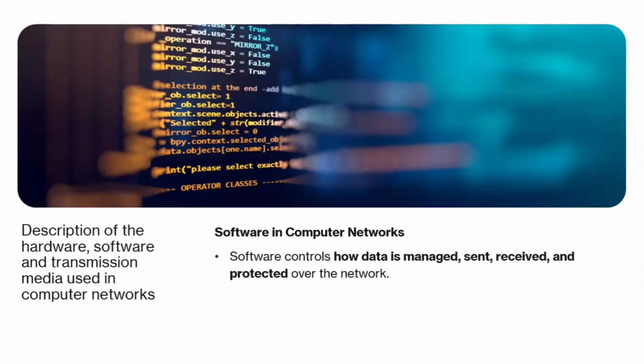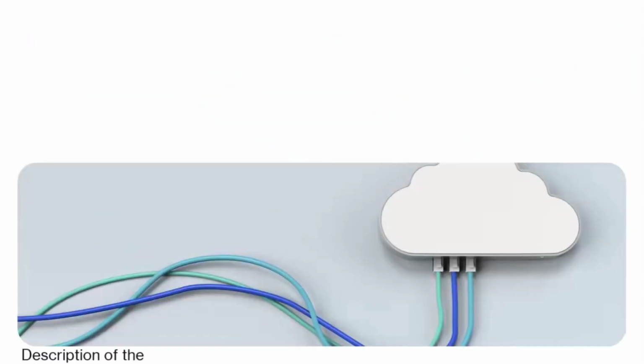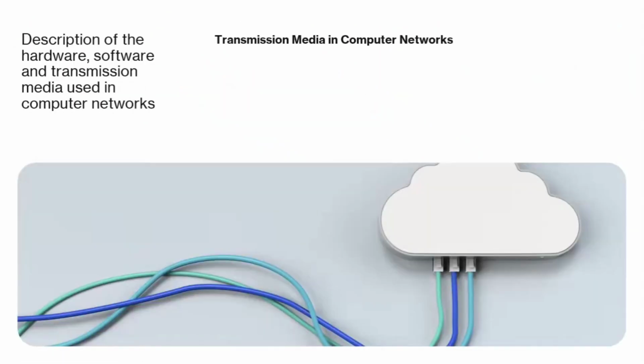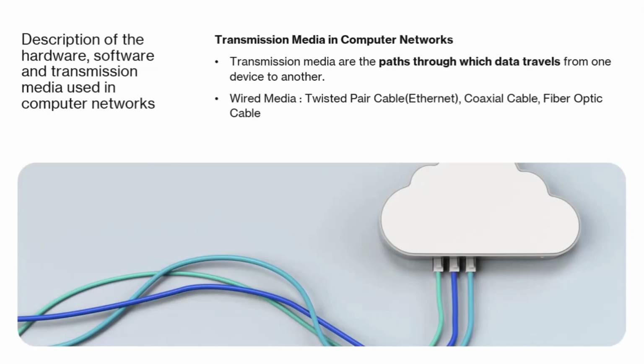The software controls how data is managed, sent, received, and protected over the network. Examples of software in computer networks are the network operating system and the protocols. The transmission media in computer networks is the path through which data travels from one device to another.